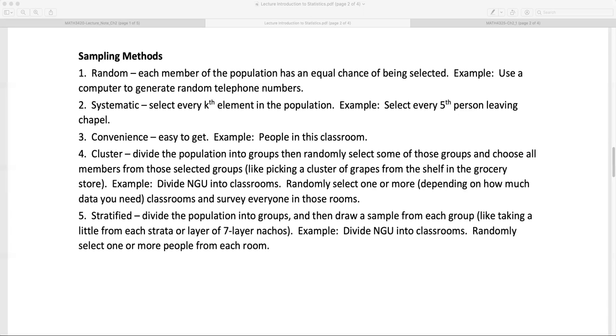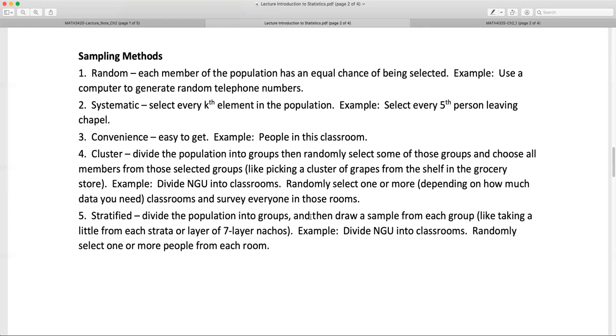That's cluster, and then stratified. Stratified is really similar to cluster, but the only difference is that once we group the population, we select people randomly within each group.